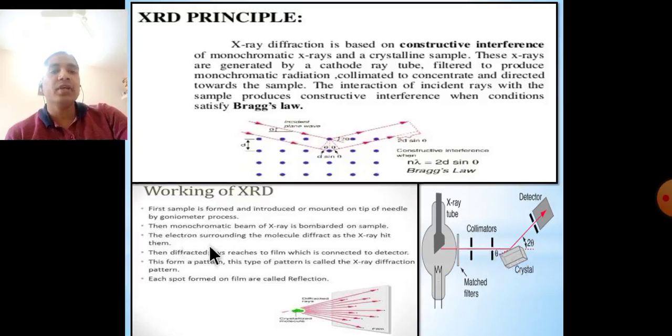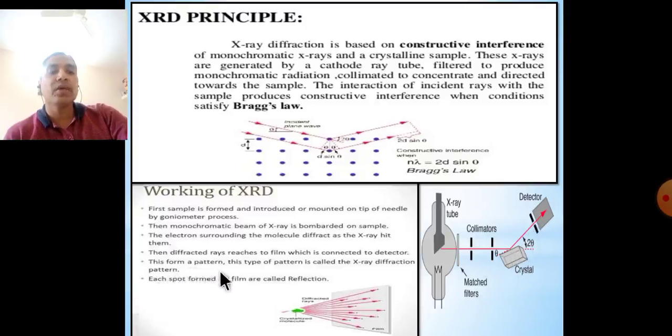The electrons surrounding the molecule diffract the X-rays as they hit them, and the diffracted rays reach the film, which is connected to the detector.